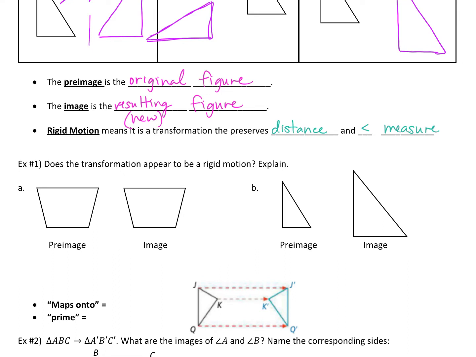In other words, it's going to stay the same size and shape as it was. Basically, the distance between any 2 points is the same, and the measure of each angle, your corresponding angles, are going to be congruent.